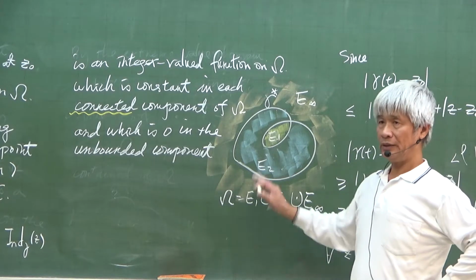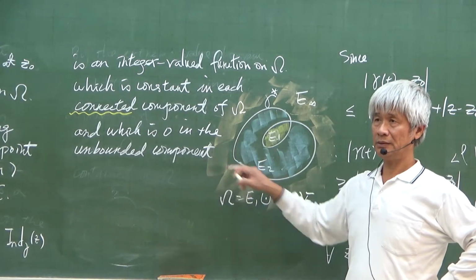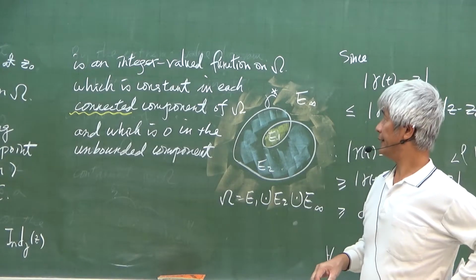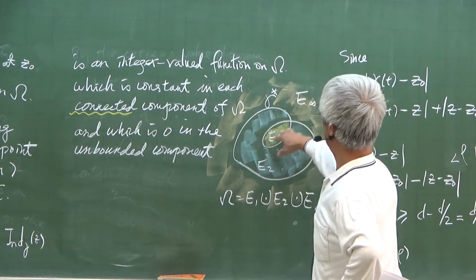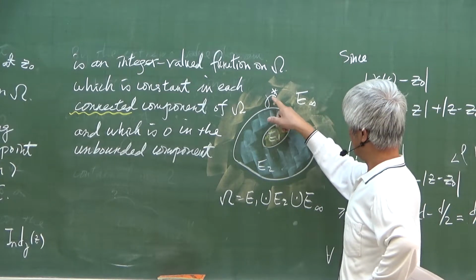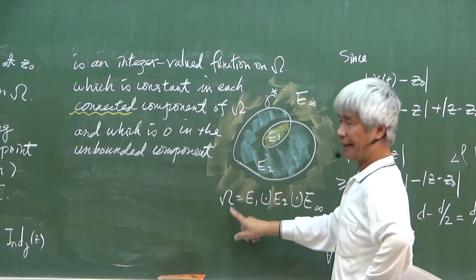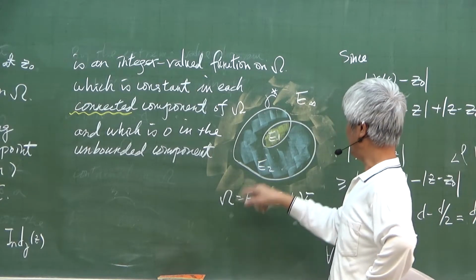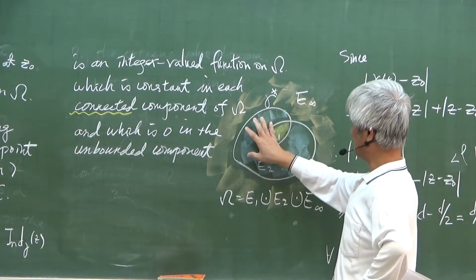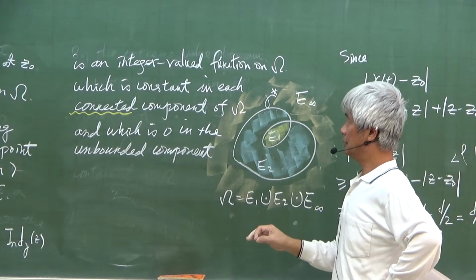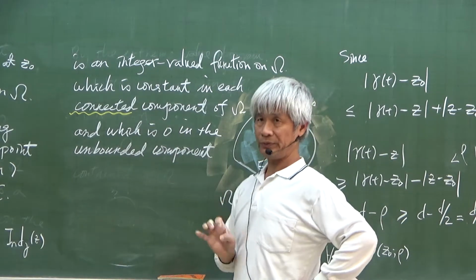Any questions about the statement? All right. So first of all, the complement of the closed path, the omega, the open set, consists of several connected components.